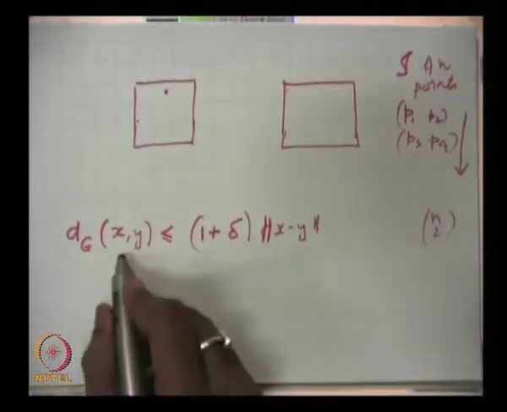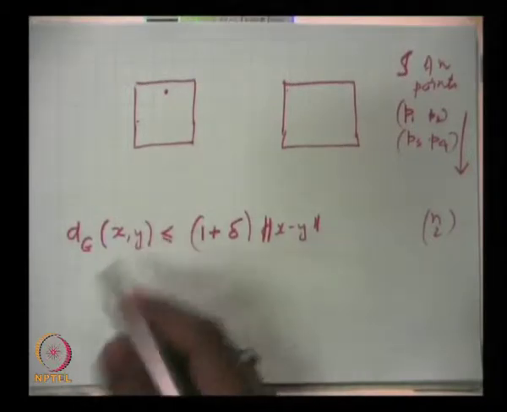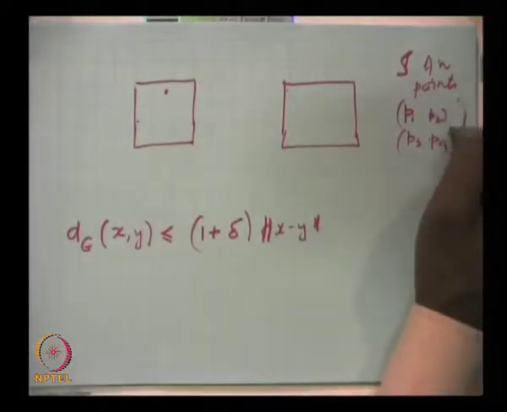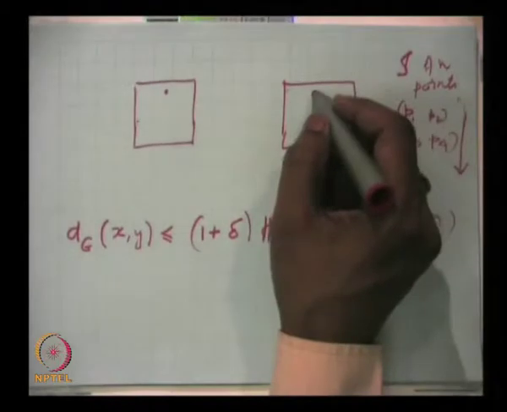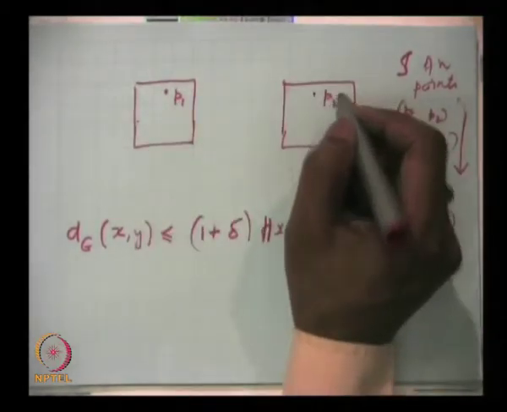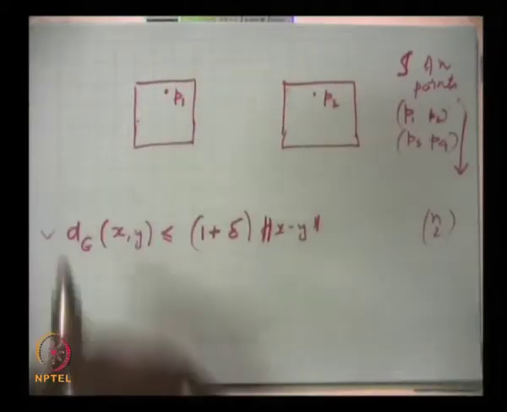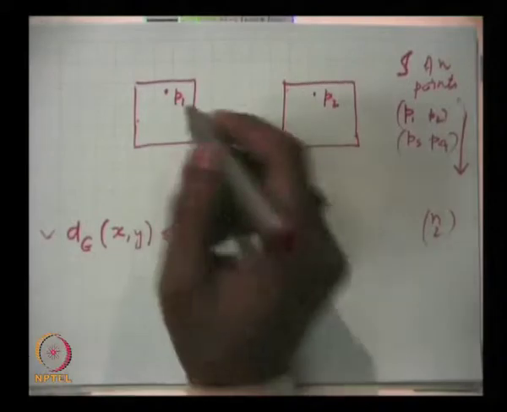We need to prove this for every pair of points, and suppose we have done it in this sequence for some of these pairs. Now we are dealing with the pair of points P1, P2, and for all distances less than that of P1, P2, this holds. That's my induction hypothesis.